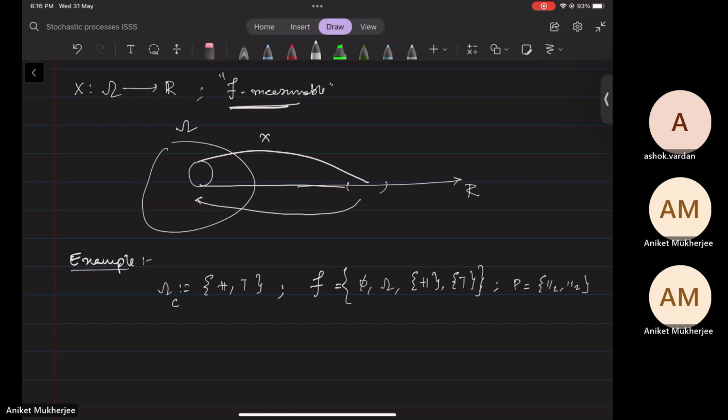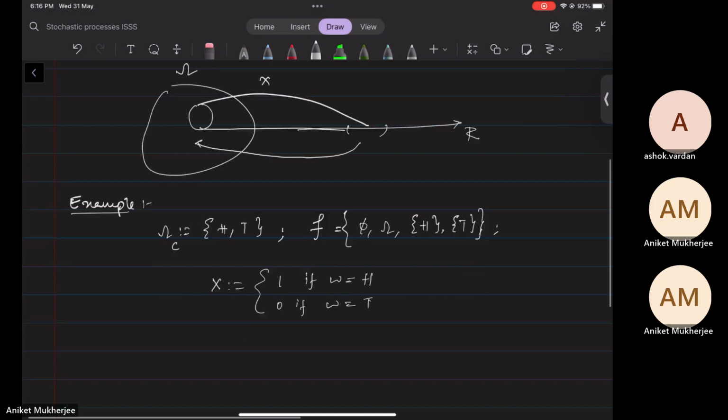Now, you can define a random variable which maps to 1 if omega is equal to H, and 0 if omega is equal to T. This is a perfectly valid random variable. Okay, let me call this X_H.